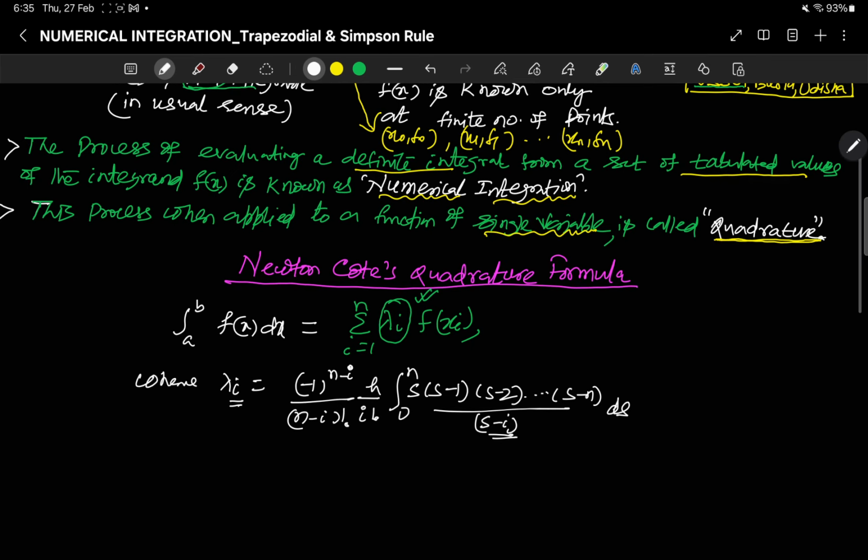So note that here the nodes are equispaced.